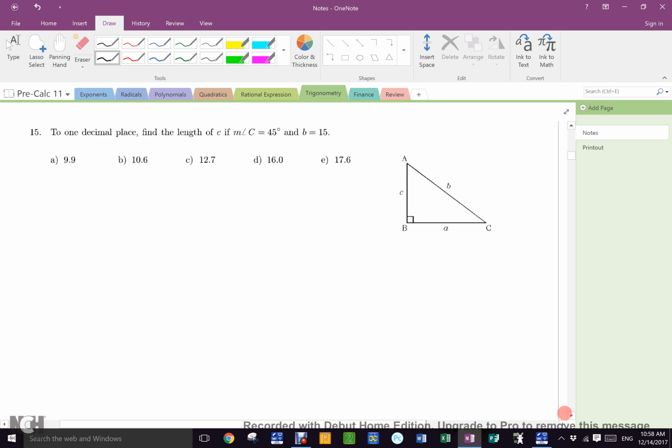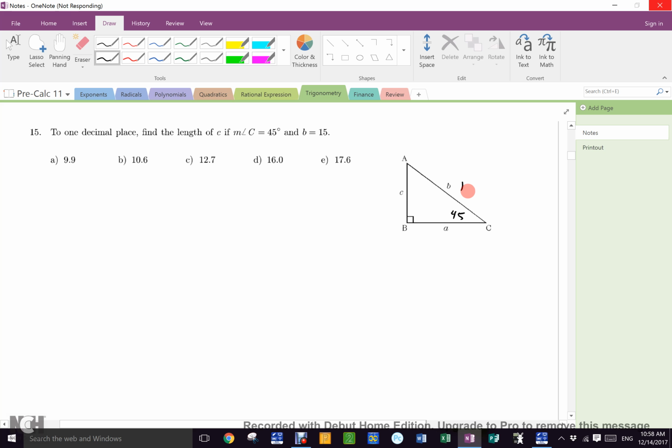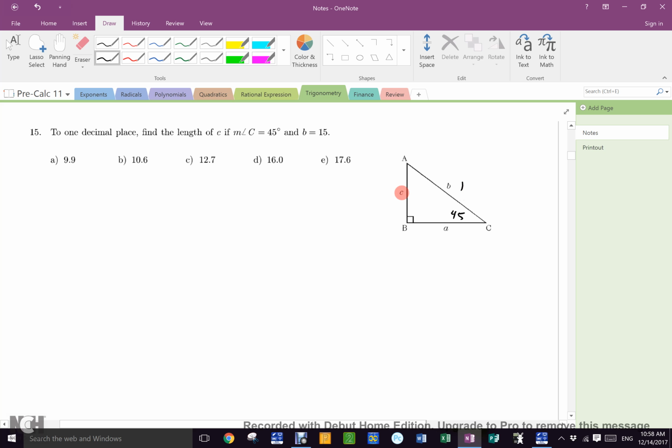To one decimal place, find the length of C if angle C is 45. So if that's 45, that's 15, that is C. What do I got to use? Why is it sine? Because I need an opposite and I have a hypotenuse.